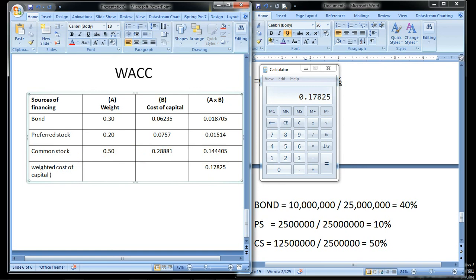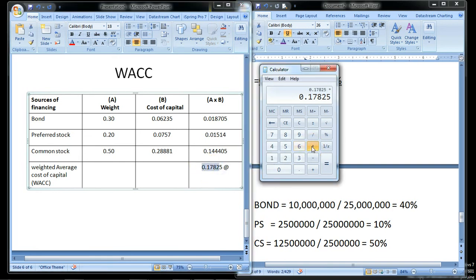This is considered WACC, weighted average cost of capital. So this you need to put in decimal point and percentage. How to find in percentage, class?